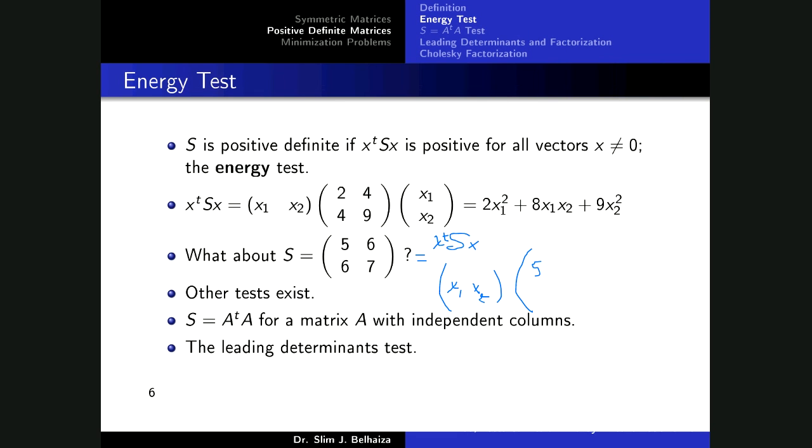Maybe with some delay, but the most important thing is that it appears. So what can I obtain? I'll obviously get 5x1 plus 6x2, and on the other part I get 6x1 plus 7x2, and still I need to multiply by x1, x2.